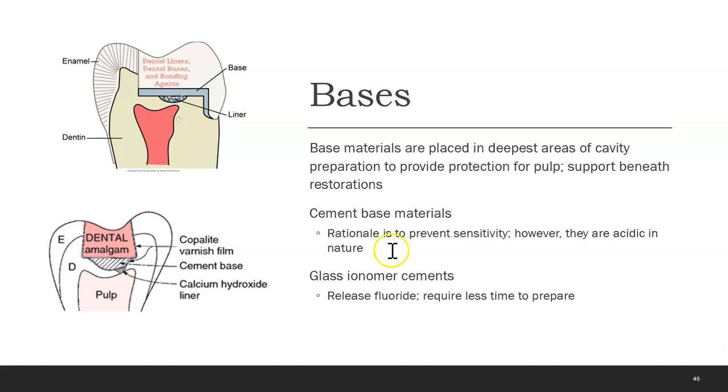So when you choose a material, it's important that it's strong enough to resist occlusal forces. If you're grinding or clenching a lot, you want to make sure that it's a strong material so that it won't get damaged. And you want thermal insulation, so you want the pulp to be protected from heat. And if you're putting an amalgam restoration, you want it to resist firm condensation.